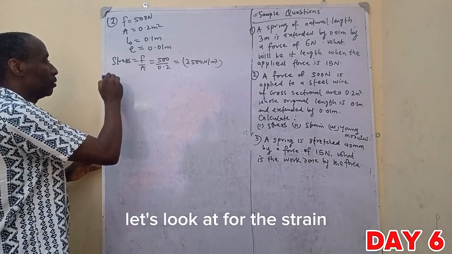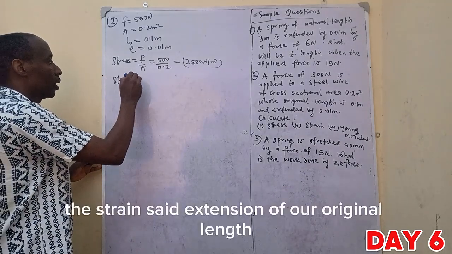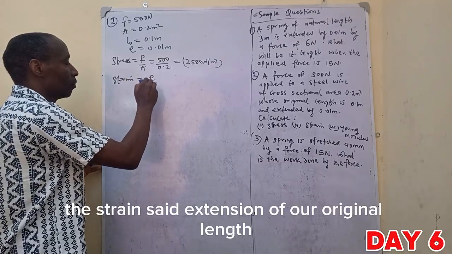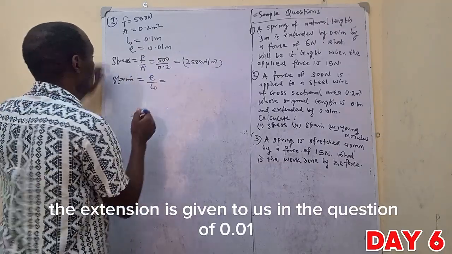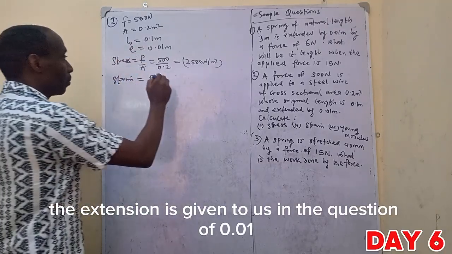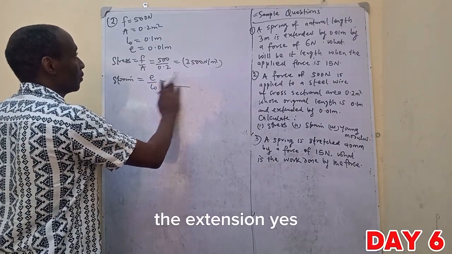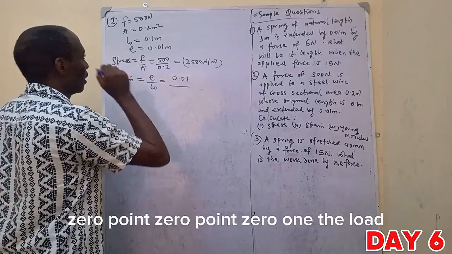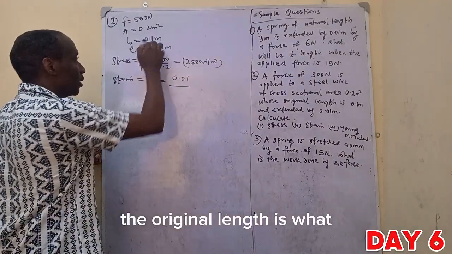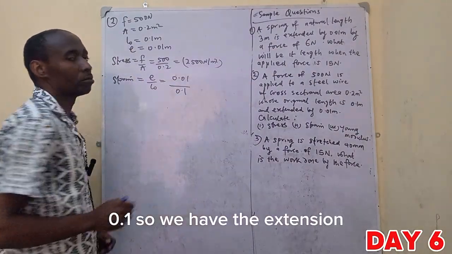Let's look at the strain. The strain is extension over original length. The extension is given to us in the question as 0.01. The original length is 0.1.